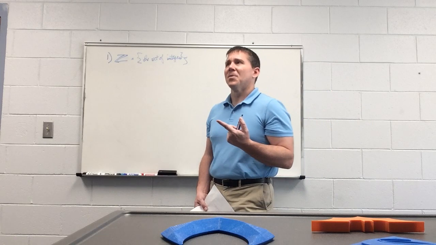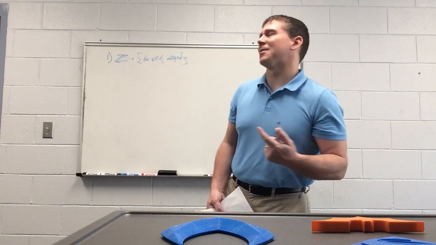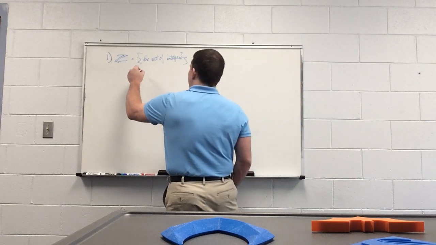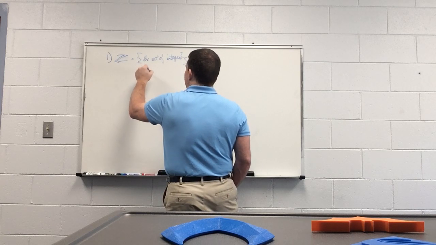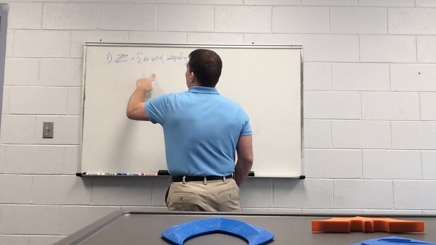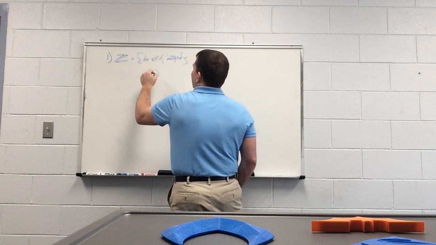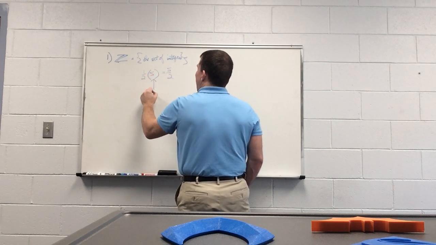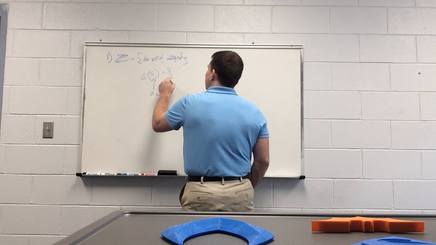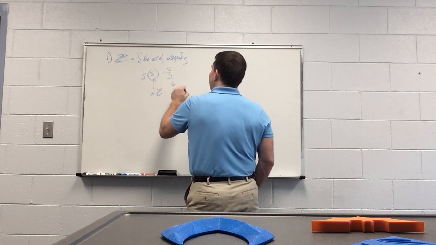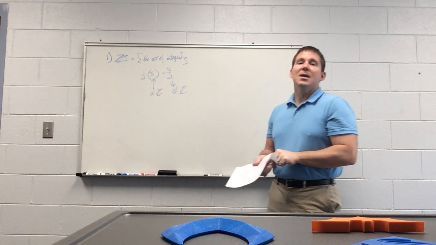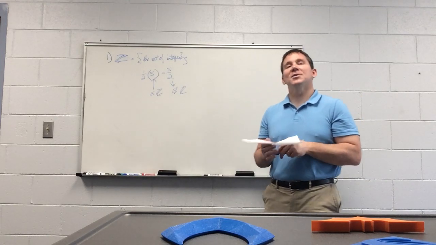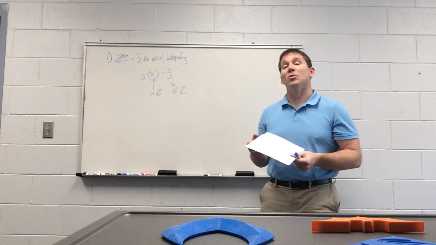Well, the problem is, if my scalars are the set of real numbers, what if I look at 1/2 times u? We'll just pick a number. We'll go with 5. 1/2 times 5 is equal to 5 halves. That is an element of Z. That is not an element of Z. So now, closure under scalar multiplication doesn't hold.